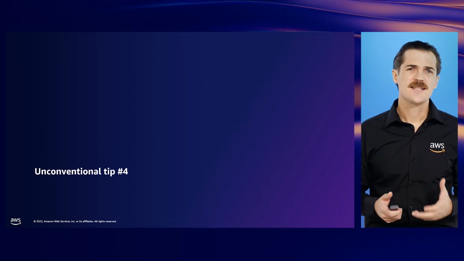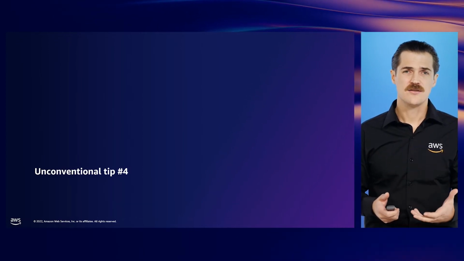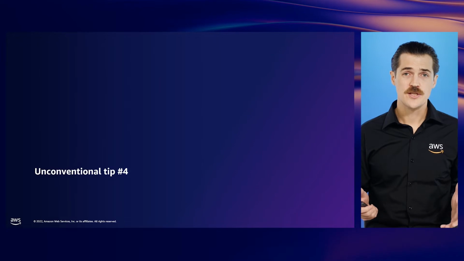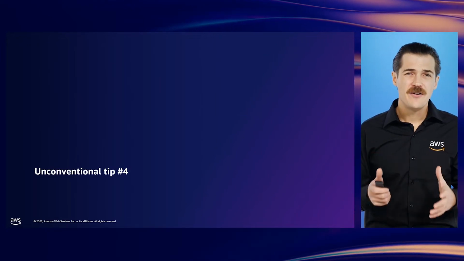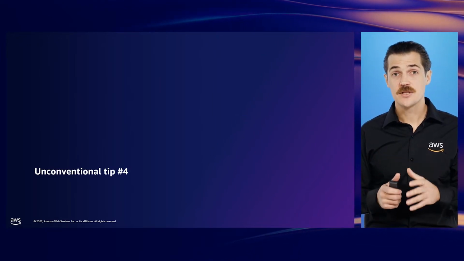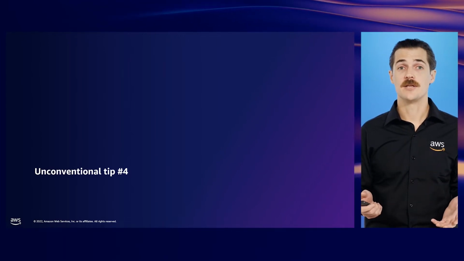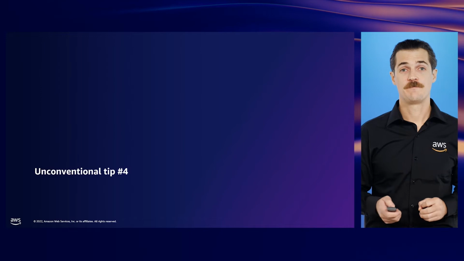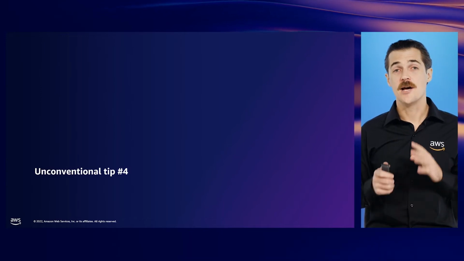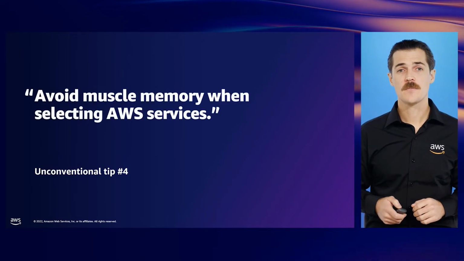As an architect, it's your role to select the right services by evaluating all the choices available. This is very different to selecting the same service every time, even for workloads that might appear to be similar. But don't worry, I've got 4 ways to help you avoid muscle memory.